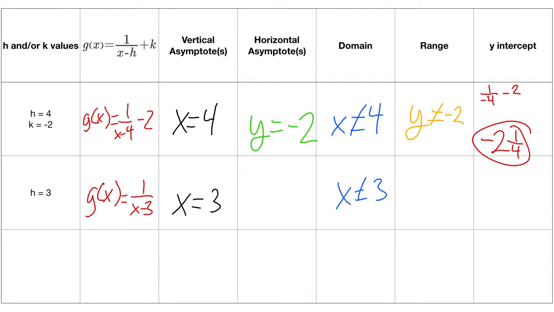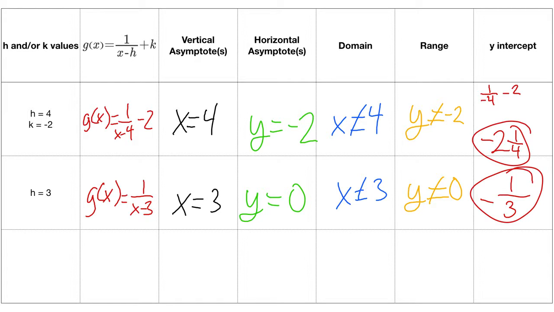But let's talk about our horizontal asymptote. Since there is nothing on the side, that would just become y equals 0, so my range would be y does not equal 0. Now, for me to find the y-intercept, I just plug in 0, and I get negative 1/3. Finally, what happens with this?